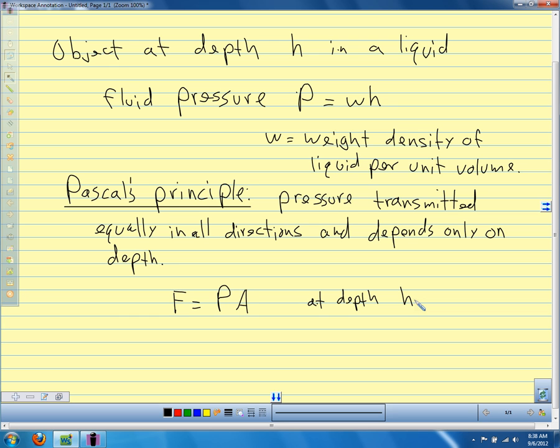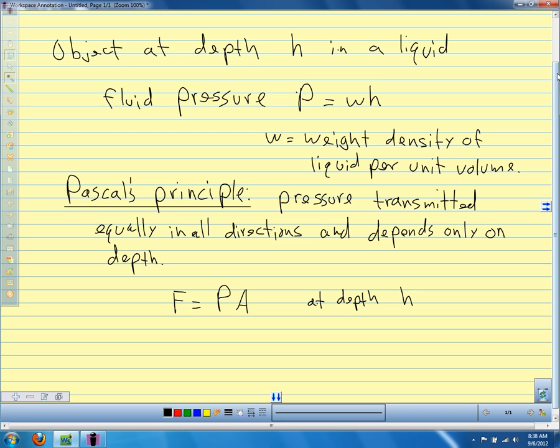So our force is just our fluid pressure, which is the weight density of our liquid, times our depth, times the area of the object. So if we have some object that's under some liquid, the force that the liquid exerts on that object is the area of the object times its depth under the water times the weight density of the liquid.